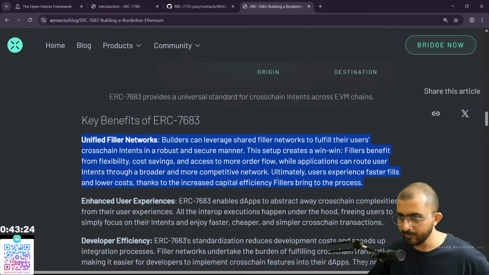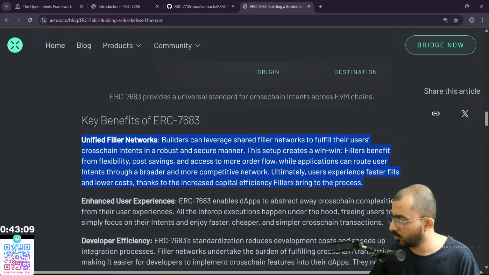Okay, so there is a network of fillers on top of all the EVMs, where they compete with each other. It's similar to, what was that, Flashbots or something like that, where the searchers compete for different orders to be bundled together and extract MEV maybe. But here maybe not. It's not exactly the same way, but let's see.